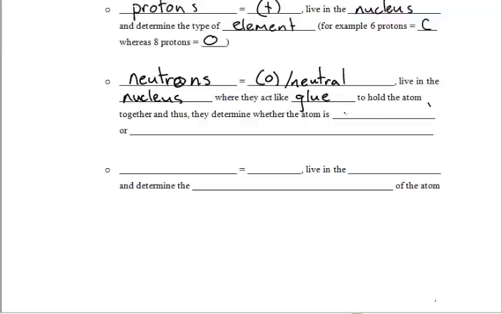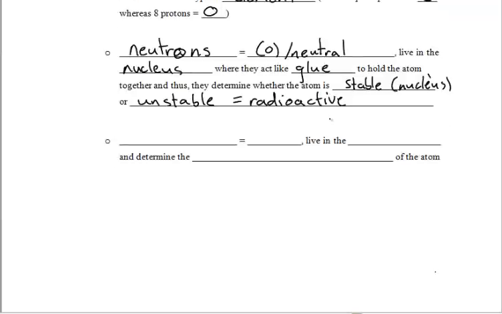Thus, they determine whether an atom is what we say stable in terms of its nucleus, or whether it's unstable, in which case it will be radioactive, and it will kick things out of its nucleus in an attempt to become more stable.